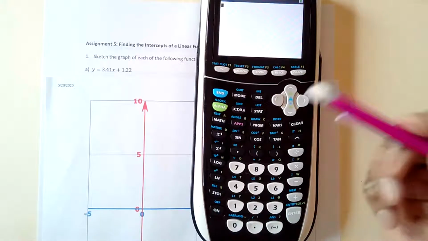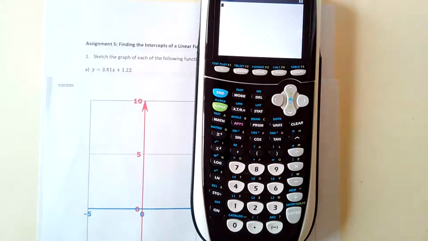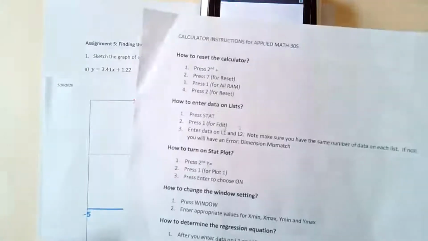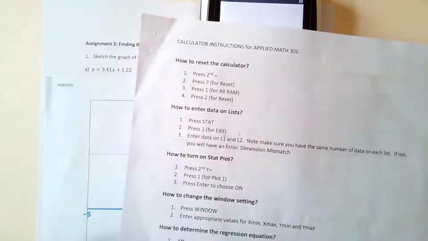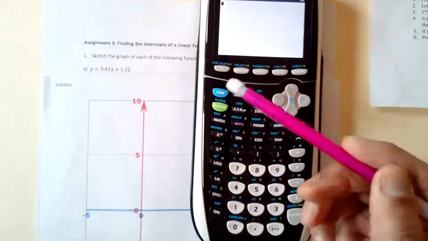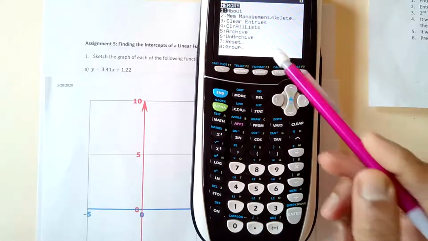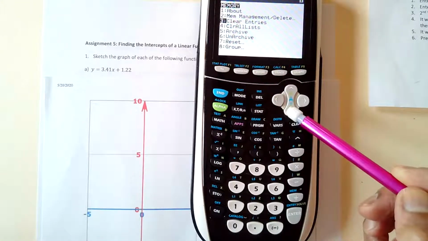Okay, so to reset your calculator, the instructions are on your sheet here, instruction 1. Press second, the plus sign here, and go to number 7.